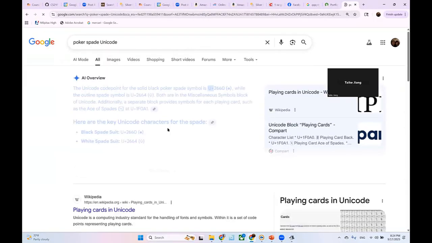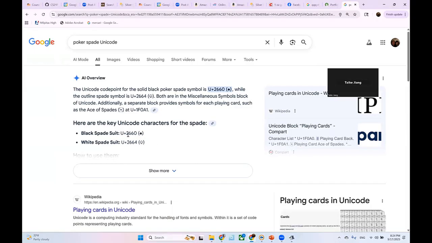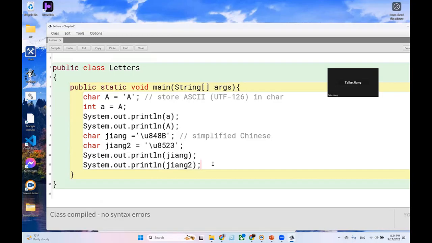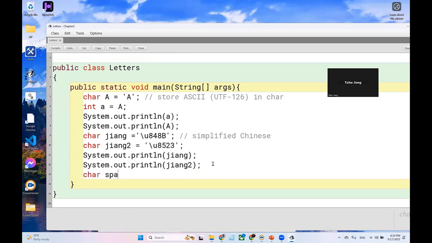So the poker symbol, that's for special icons, but it still is Unicode. So you go back to here. Now this one is called char state. You can use a backslash U inside the code for Unicode.